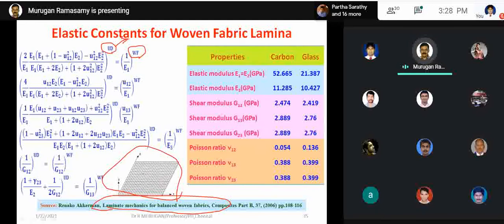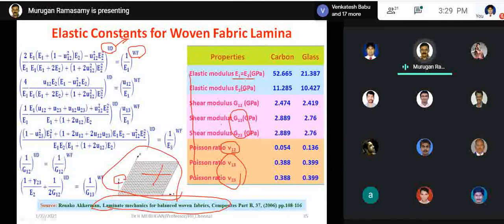E1 and E2 will be equal because we are using the same fiber, and E3 along the thickness direction will be different. G13 and G23 will be the same, and Poisson ratios nu13 and nu23 will be the same because the 1-3 plane and 2-3 plane are similar. That is why we get all the 9 constants for the woven fabric lamina.